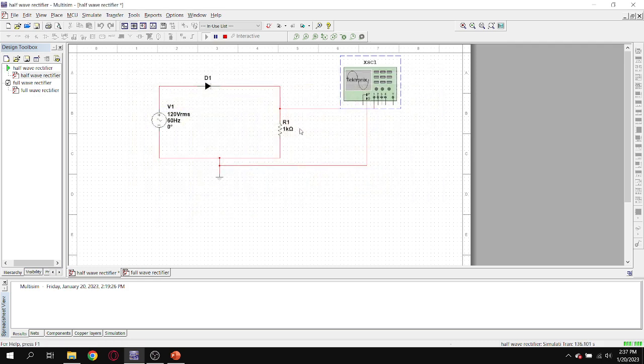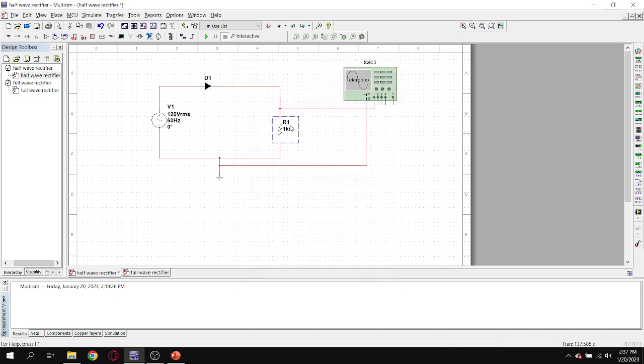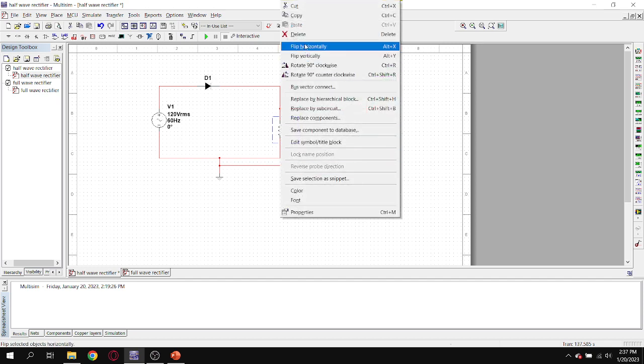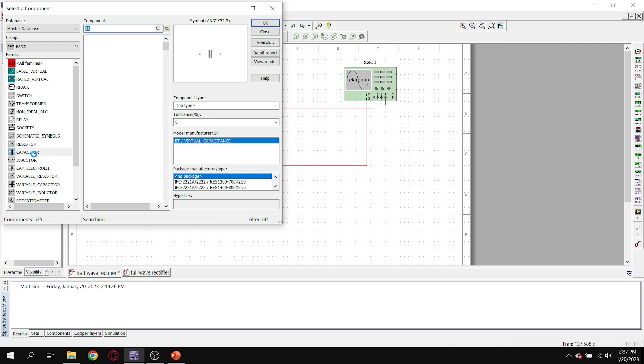Now we're going to see what happens if we change the resistor to a capacitor. I just choose 0.10.